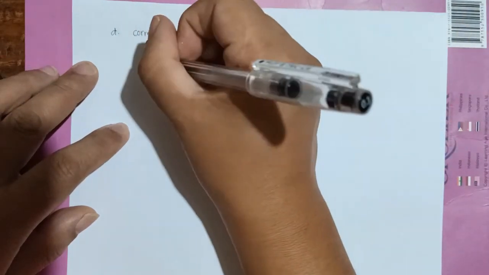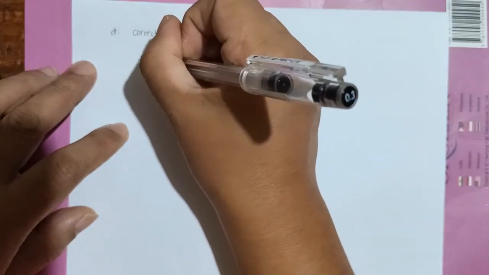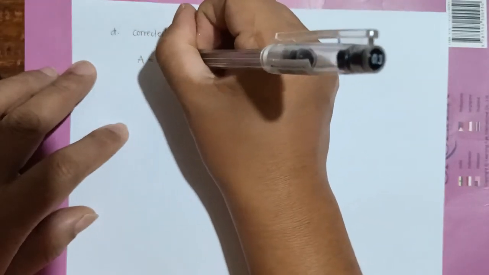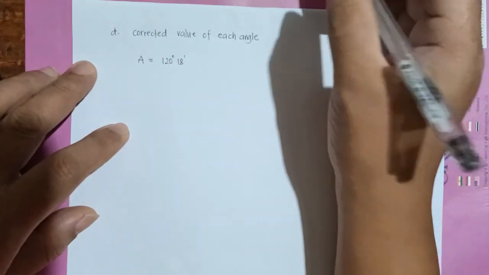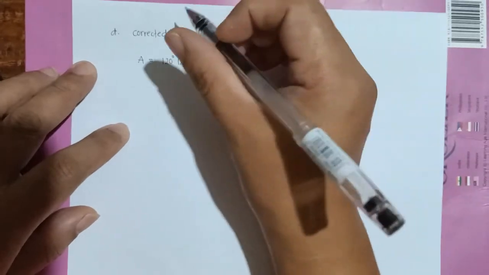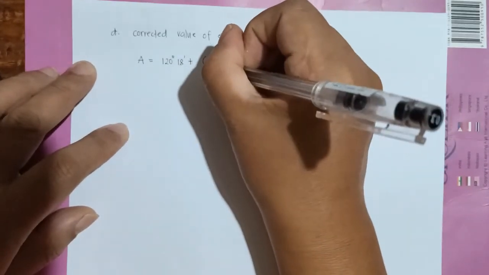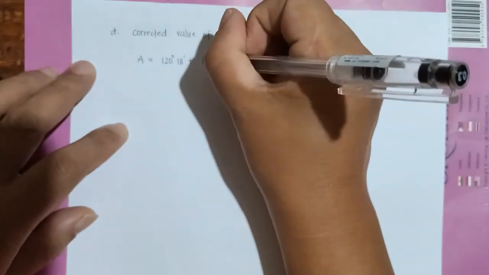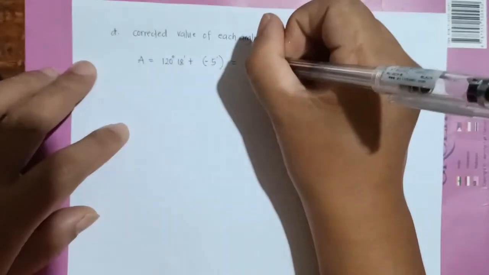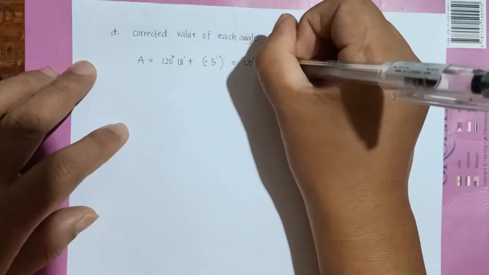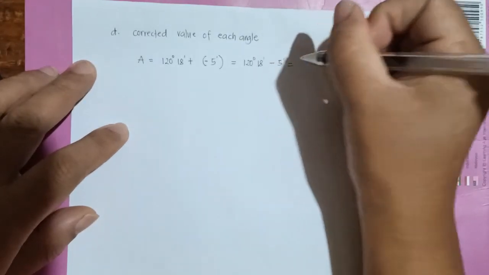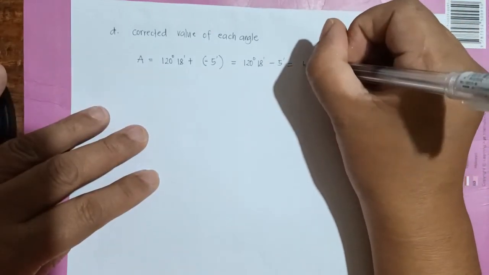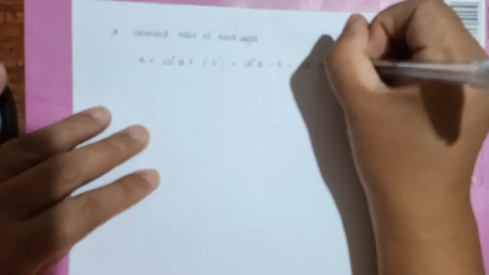Okay, so for A, that is equal to 120 degrees, 18 minutes. Then the correction is always subtracted, so it will be plus a negative, minus 5 minutes. So therefore, you have 120 degrees, 18 minutes minus 5 minutes is equal to 120 degrees and 13 minutes.